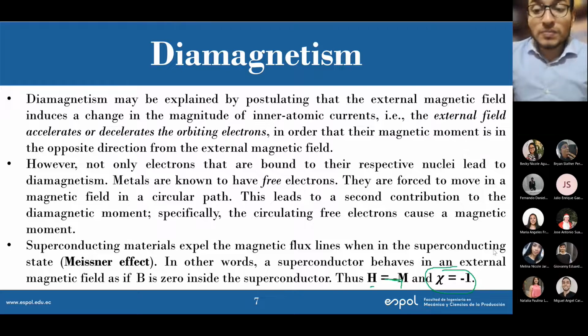And that's why the susceptibility in superconductors is -1, compared to the same material in the normal state, not in the superconducting state, which will have a value of about 10 to the -6. So imagine, when it's in the superconducting state, the susceptibility has a change of 6 orders of magnitude.